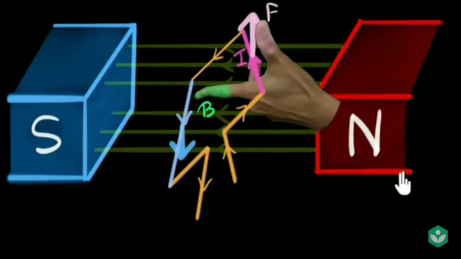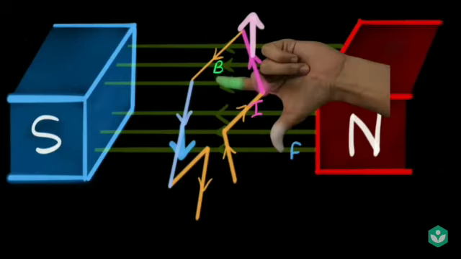But another way in which we can achieve this is we can keep the magnetic field in the same direction, but we can reverse the direction of our middle finger, our current, like this, and as a result our force will now point downwards over here. So if we flip the direction of the current everywhere, then the force direction will change everywhere.